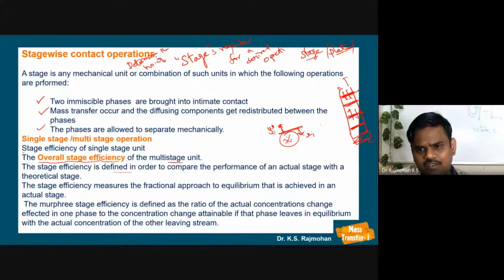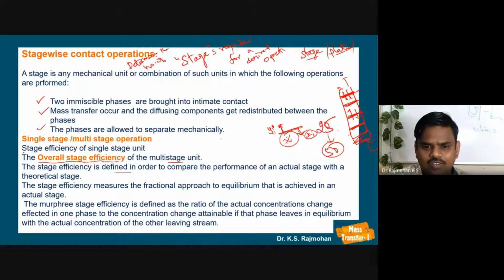So if theoretically I calculated I need 25 stages for a given operation, practically we may have to keep some 50% extra. If your efficiency is 50%, we will be keeping 50 plates so that the desired concentrations are achieved.